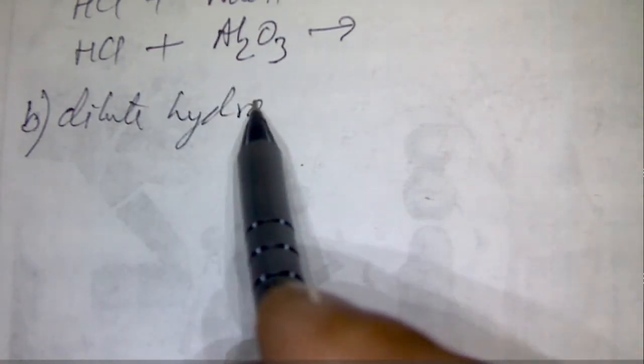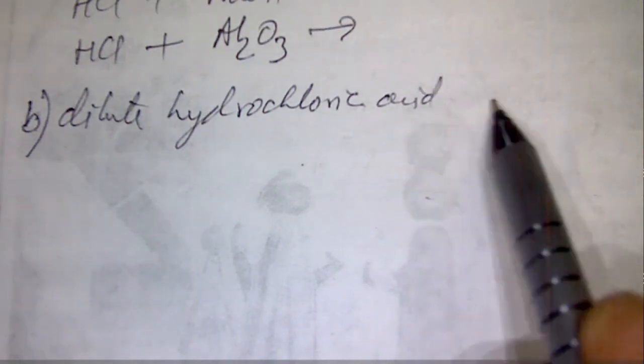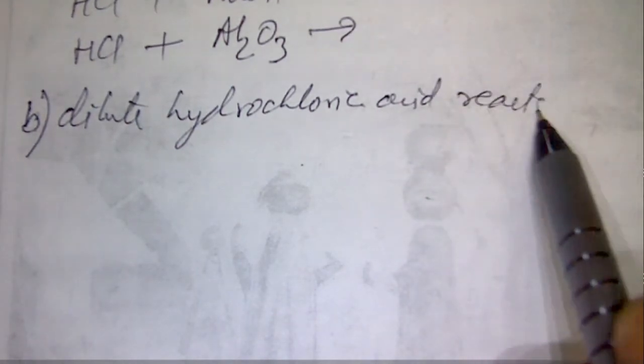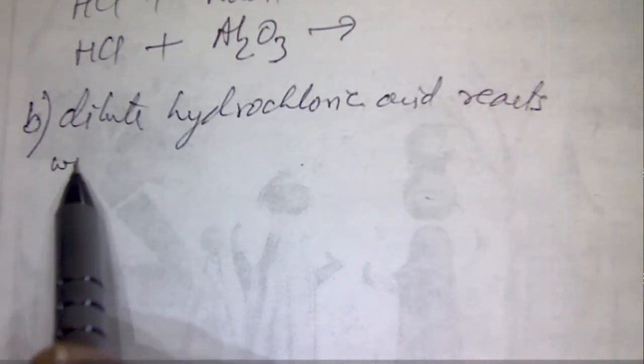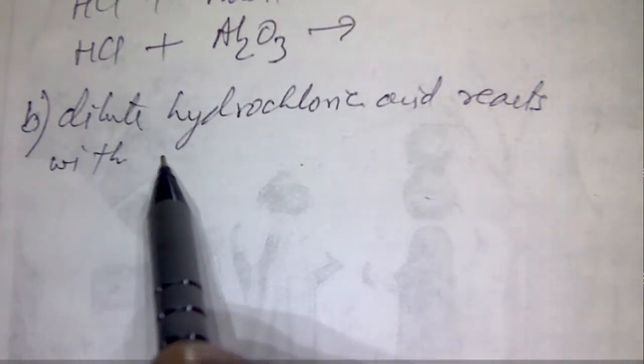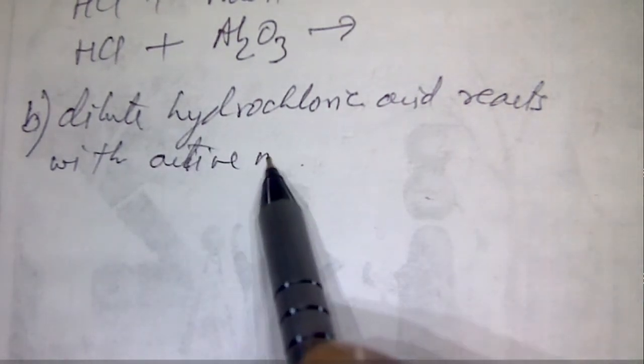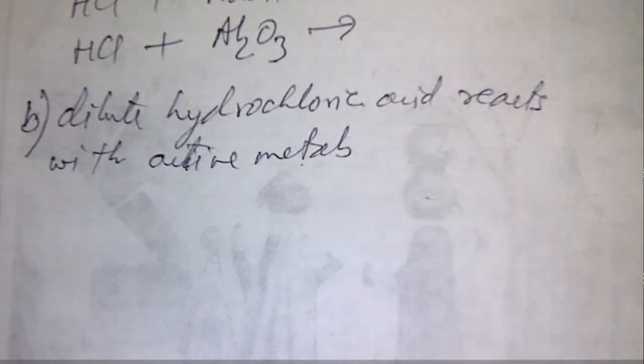I can write down this: dilute hydrochloric acid reacts with active metals. I've told you which metals.